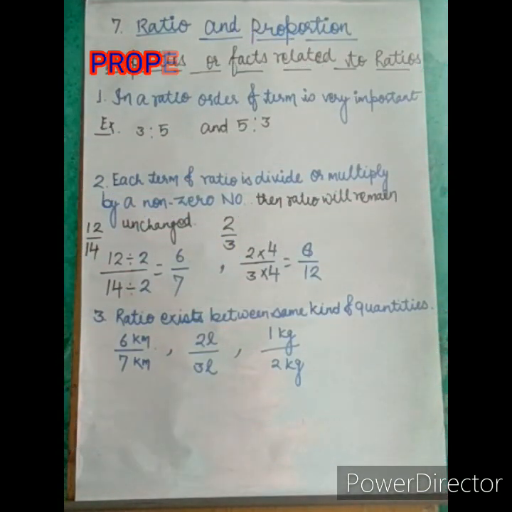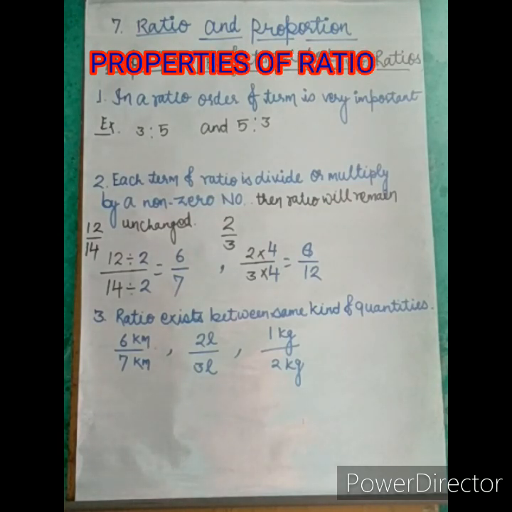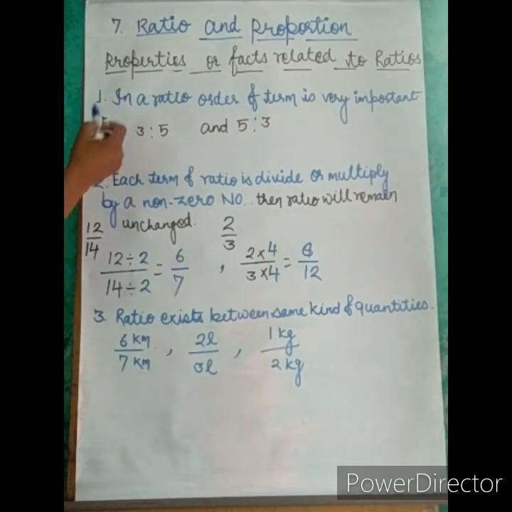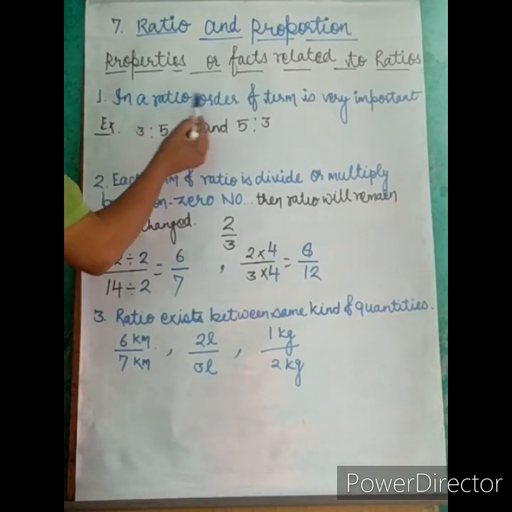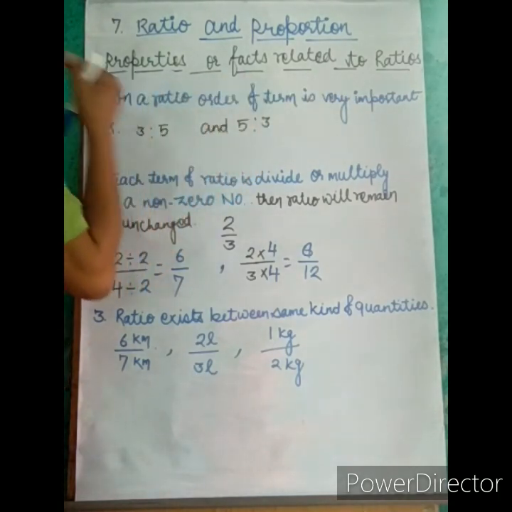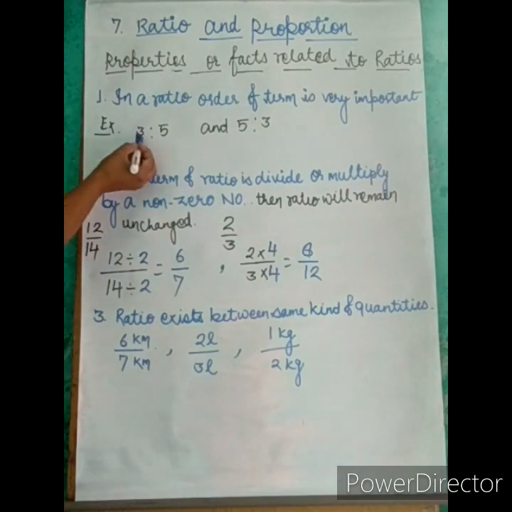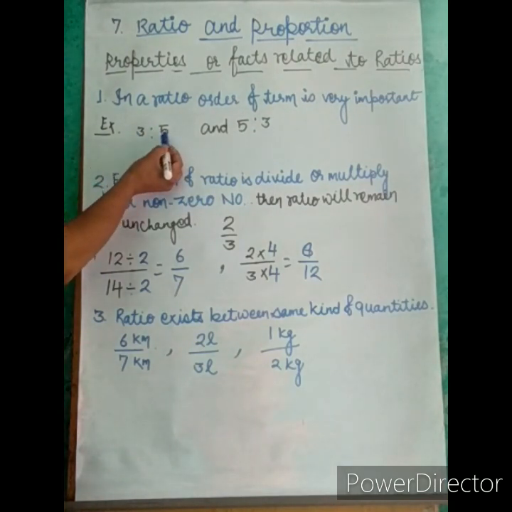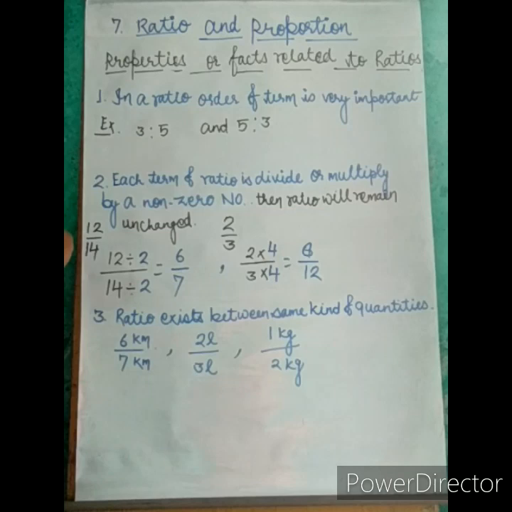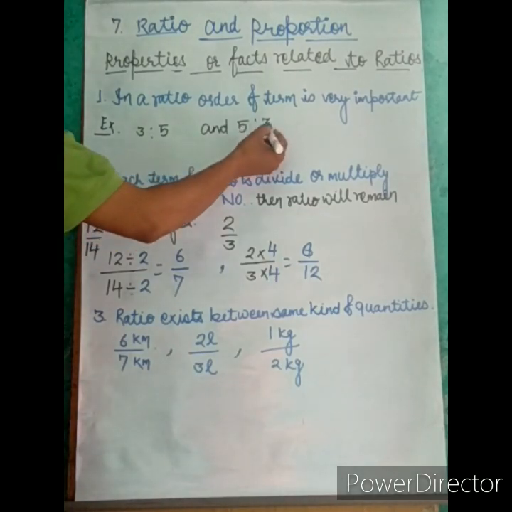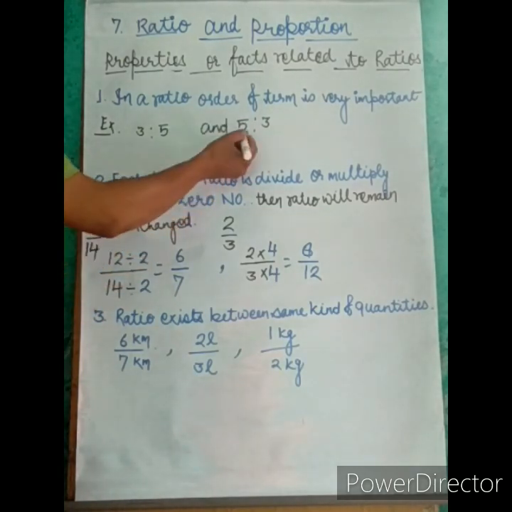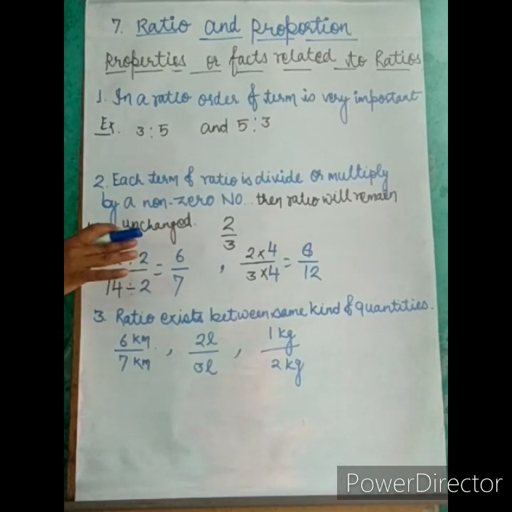Now we will study some properties or facts related to the ratio. First is, in a ratio, the order of terms is very important. If you have written 3 ratio 5, or 3 is to 5, and 5 is to 3, or 5 ratio 3, both are different.